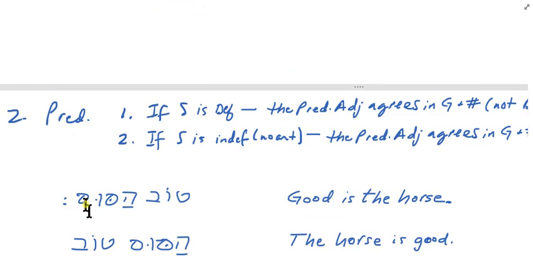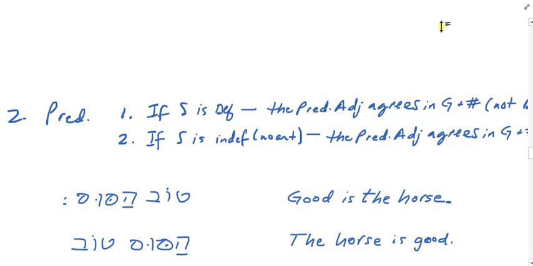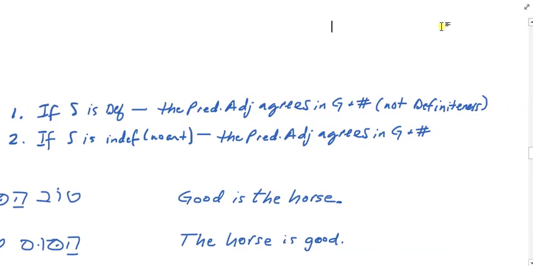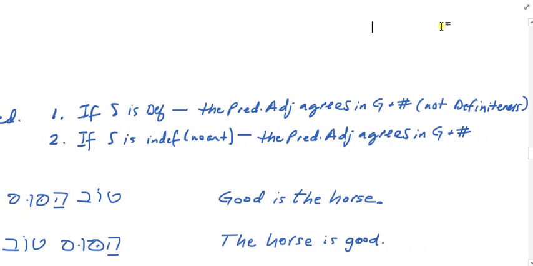So we've just looked at attributive adjectives in Hebrew. The predicate adjective is going to look like this. In a predicate use, if the subject is definite, if it has the article on it, the predicate adjective is going to agree with that subject in gender and number, but it will not agree in definiteness. So the attributive adjective agrees in all three ways, gender, number, and definiteness.